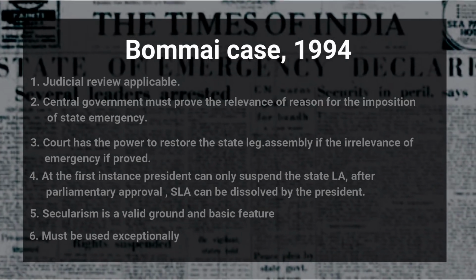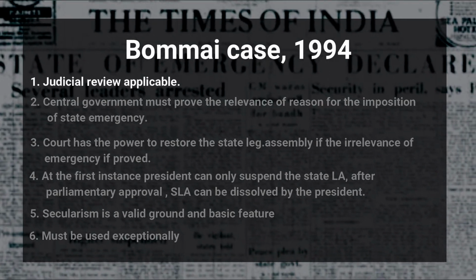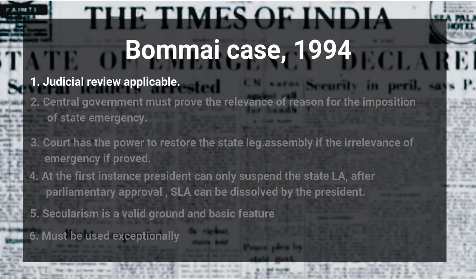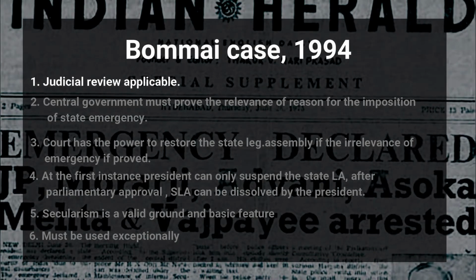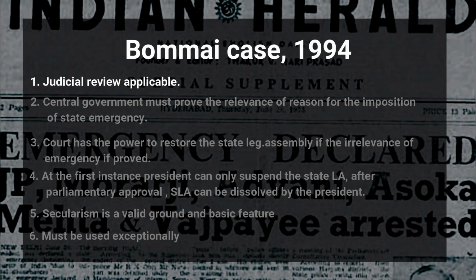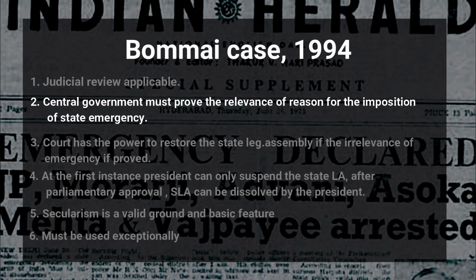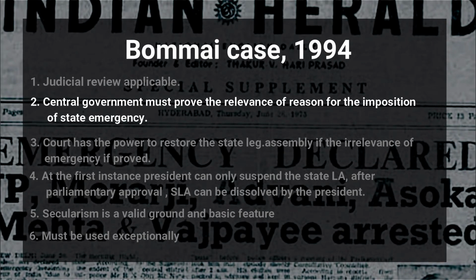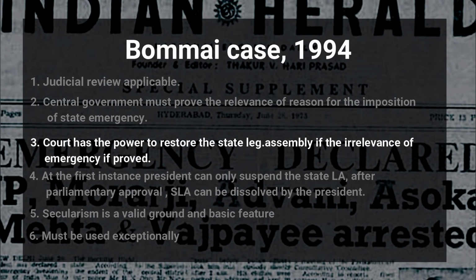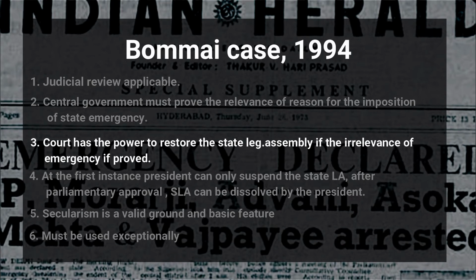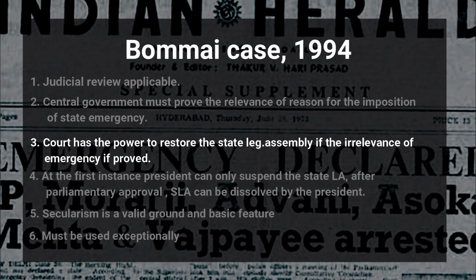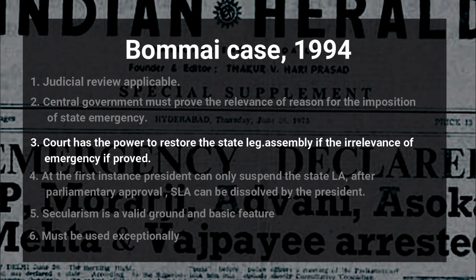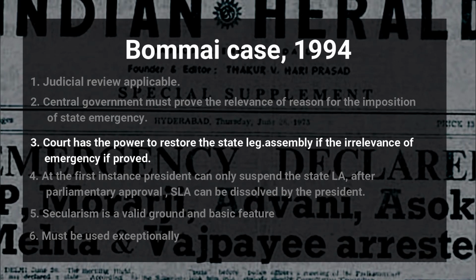The changes it brought are the application of judicial review on the President's satisfaction. The central government must prove the relevance of the reason for the imposition of state emergency. The court has the power to restore the state legislative assembly if the irrelevance of the emergency is proved.